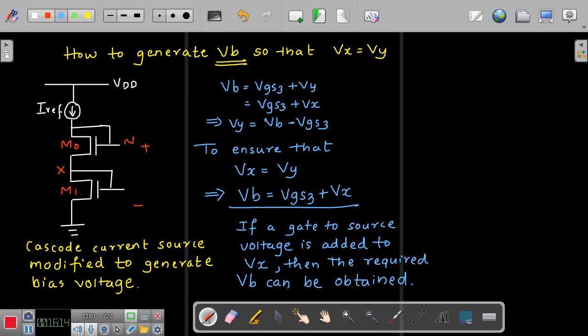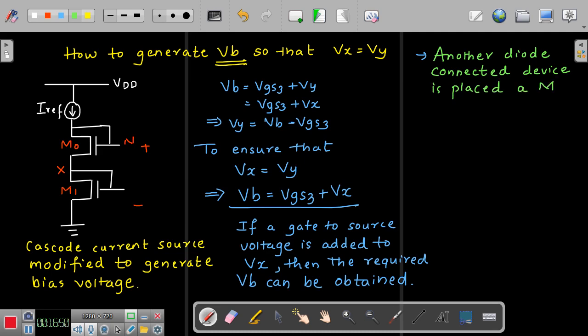Another diode connected device. You know what is the meaning of diode connected device? To ensure that the MOS device is always operated in the saturation region. Another diode connected device is placed at M0. Look at this diagram. Now you may understand why I have drawn this diagram in this frame.